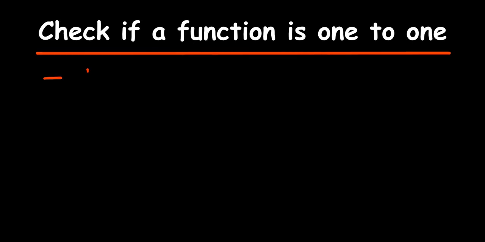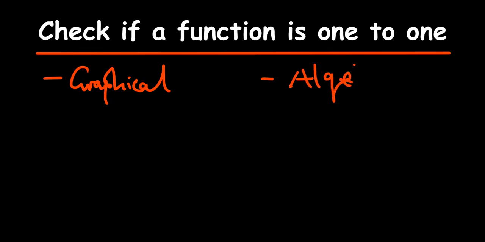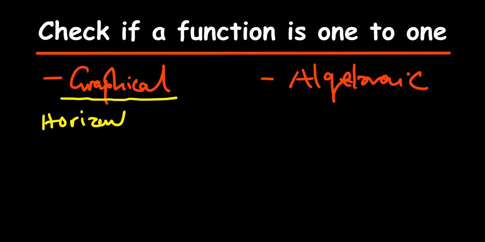The first one is called the graphical method, and the second one is called the algebraic method. Under the graphical method, we use what we call the horizontal line test. Remember, to check if it's a function, we use the vertical line test, but here we are going to use the horizontal line test.